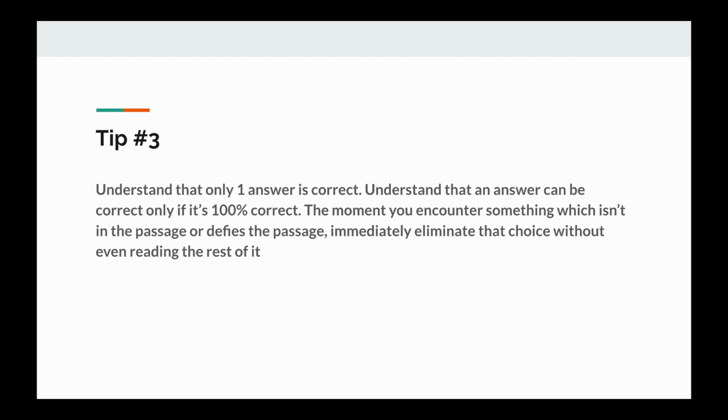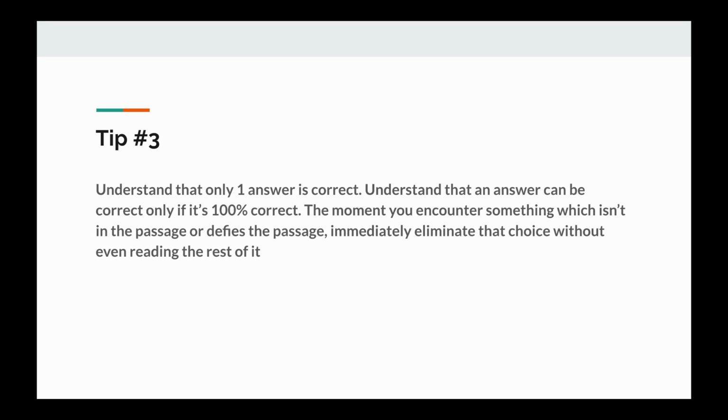Tip number 3. Understand that only one and only one answer is correct and the three other answers are incorrect. Yeah, this sounds pretty straightforward. But understanding this concept was a game changer when I was preparing myself.